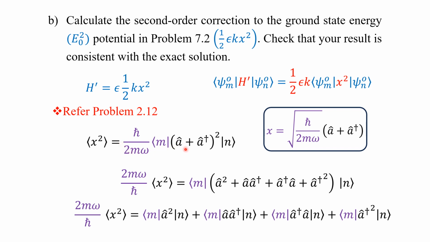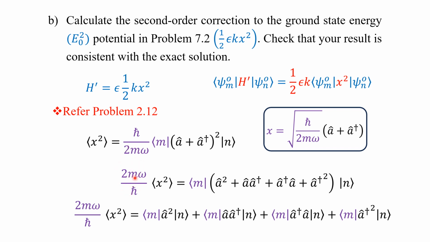Then this is the operator a plus a dagger whole squared, because x squared means you have to square this operator. Now you bring the constant to the left hand side for mathematical convenience.